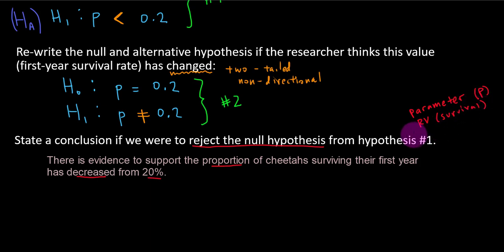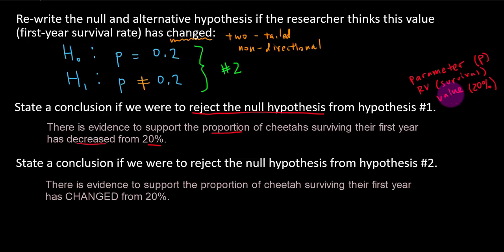And I also like to mention the value that was used. So the value here was the 20%. I think stating whether your evidence supports or does not support a particular hypothesis, and if you state all these elements, it really ties it all together.